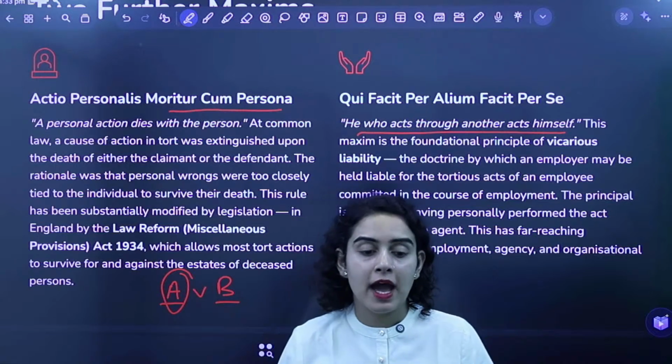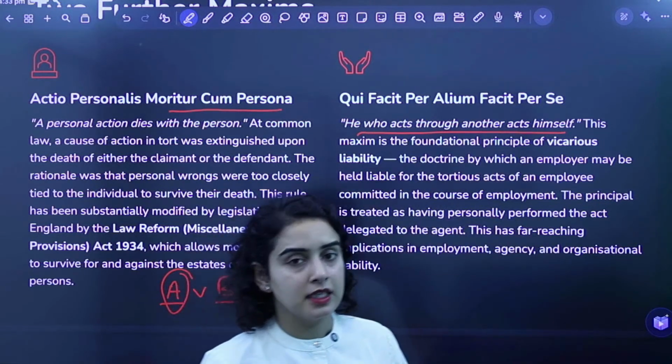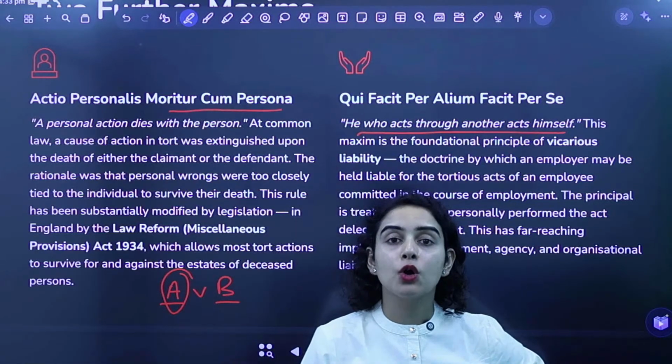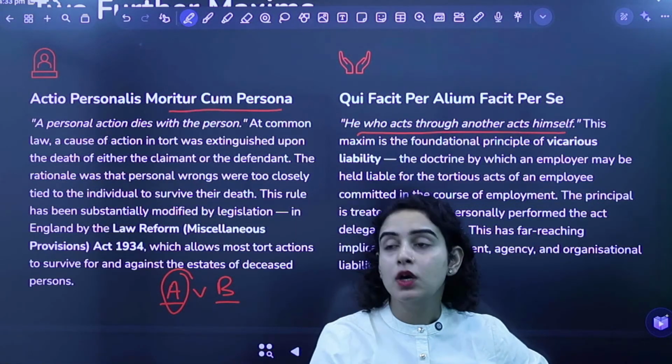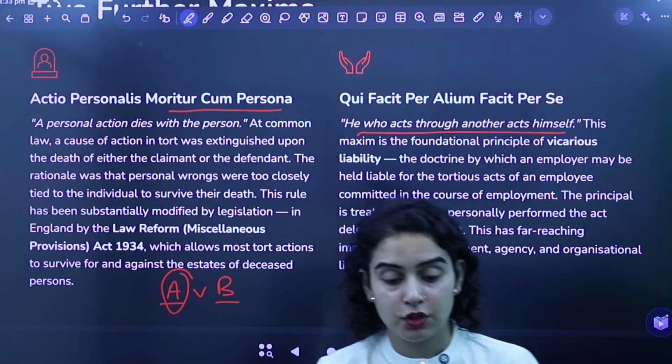So he who acts on the behalf of somebody else will also have the liability, right? So if I do something wrong with you or to you, the organization that I'm representing is also going to be responsible for the same.